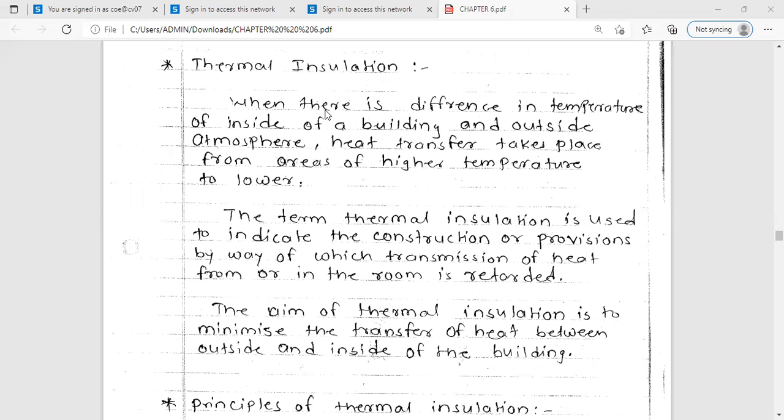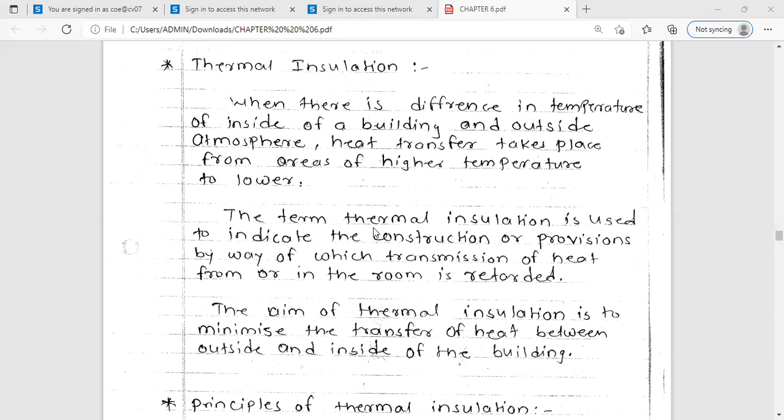When there is a difference in temperature between the inside of a building and the outside atmosphere, heat transfer takes place from areas of higher temperature to lower temperature. Just as water moves from upward to downward, temperature transfers from the higher temperature atmosphere to the lower temperature atmosphere.